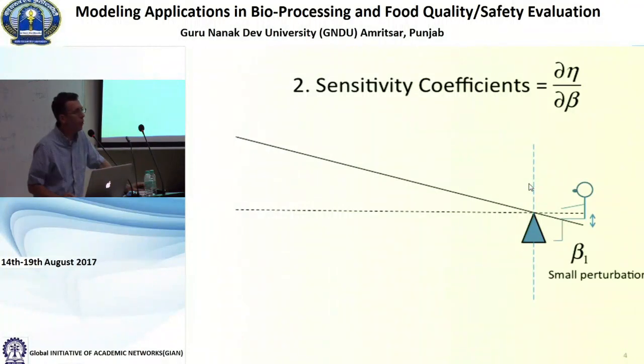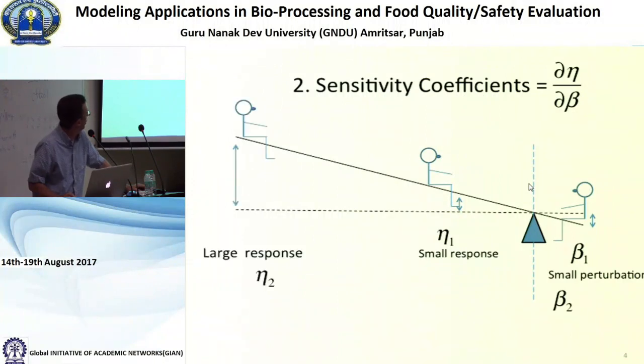If you give a small perturbation in your parameter and you get a small response in your model, it's difficult to estimate that parameter. But if you give a small perturbation in another parameter and you get a large response in your model, it's easier to estimate the parameter and it will be accurate. It'll be more accurate than the others.